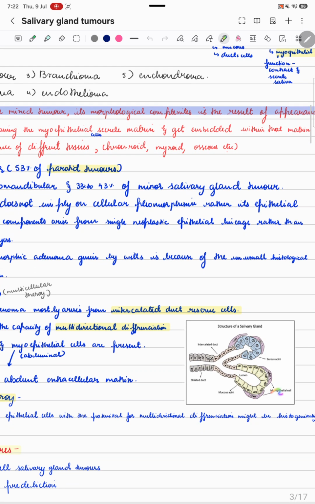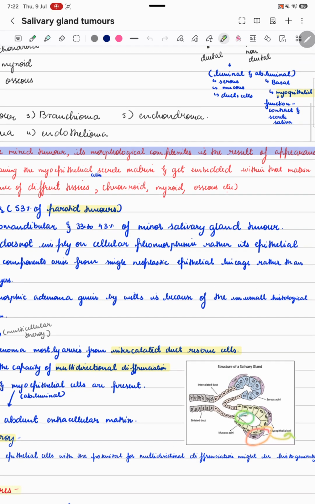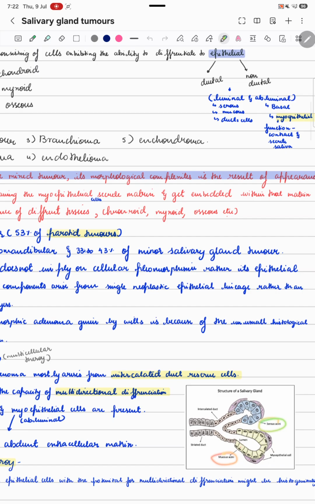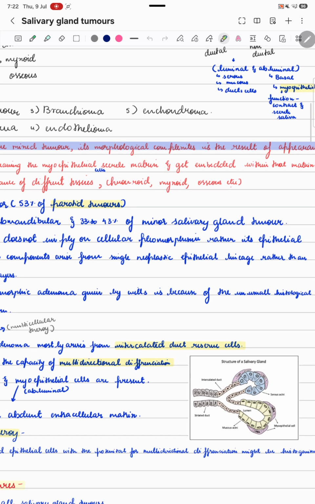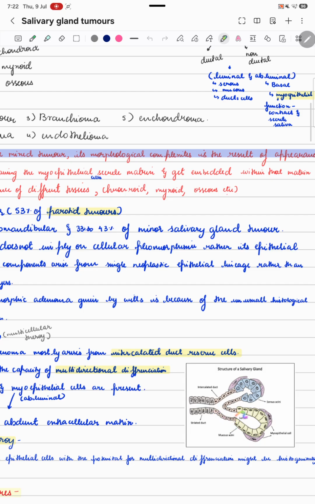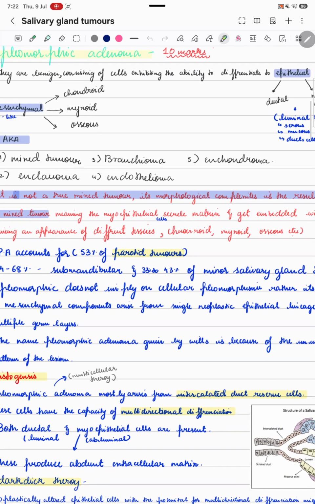In your abluminal cells you have your myoepithelial cells, and in your luminal cells you have your mucus cells, serous cells, okay, and ductal cells as well. So this is the epithelial component, which is ductal and non-ductal. Abluminal is non-ductal, right?